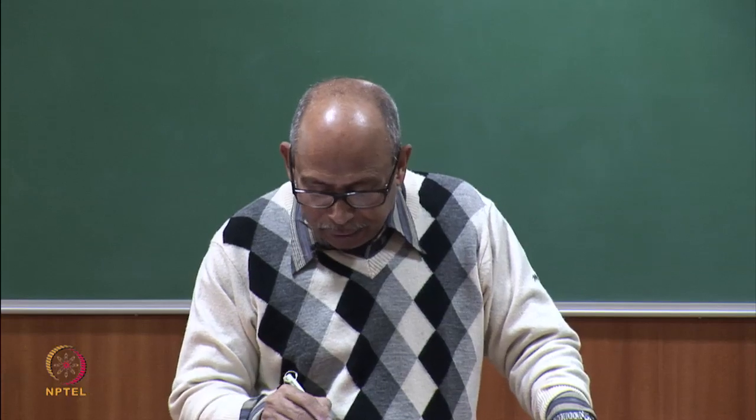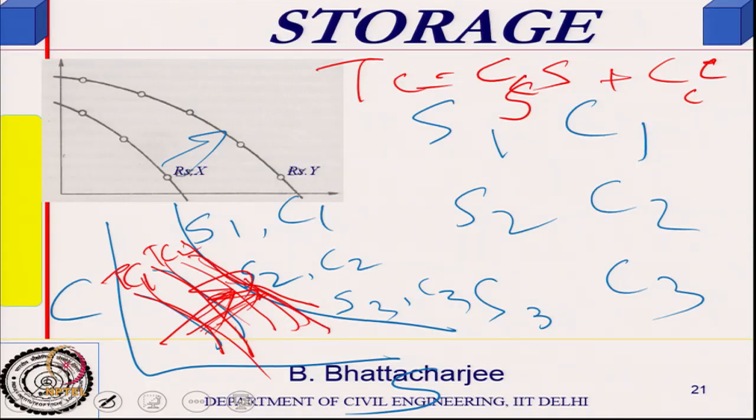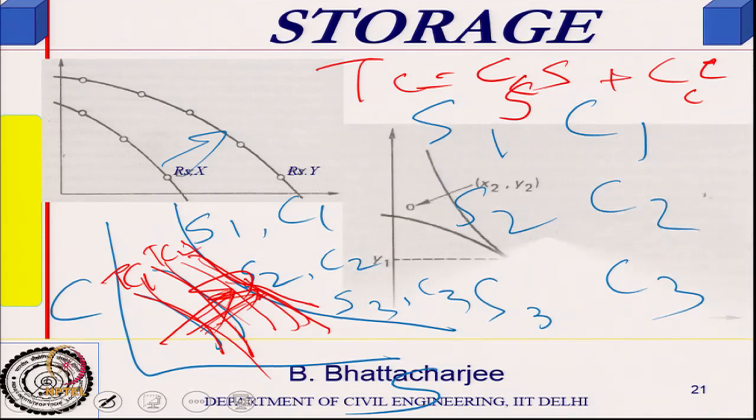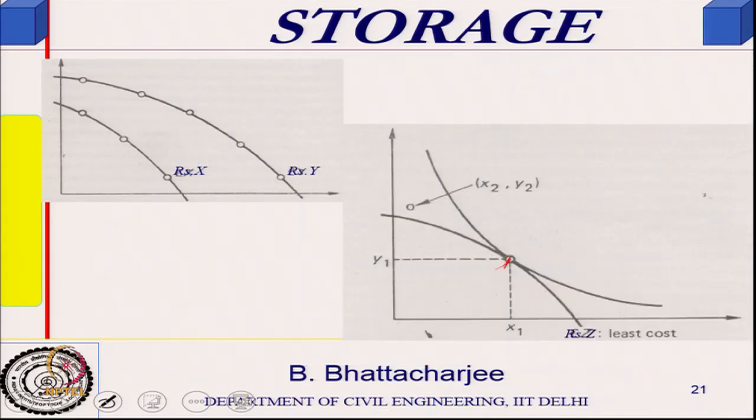As you go on increasing the cost, somewhere it will touch, and that is the optimal point for us, the minimum. This side is your S, this side is your C. That point is the optimal point, because this curve satisfies the demand and supply, and this is the minimum cost curve, since any further cost means it will increase in this manner.